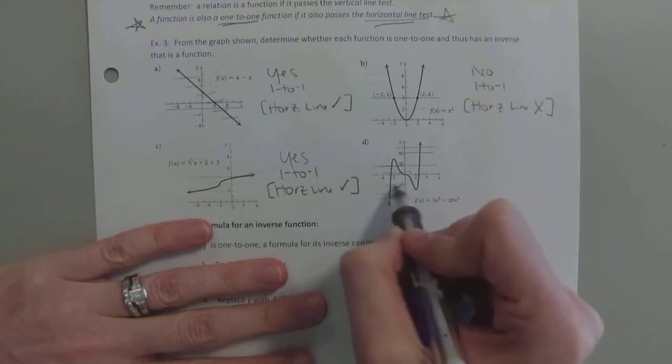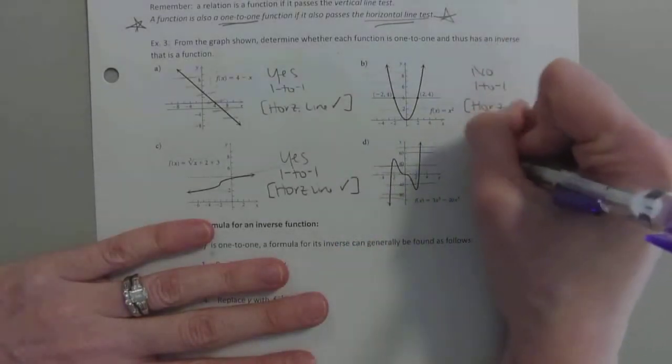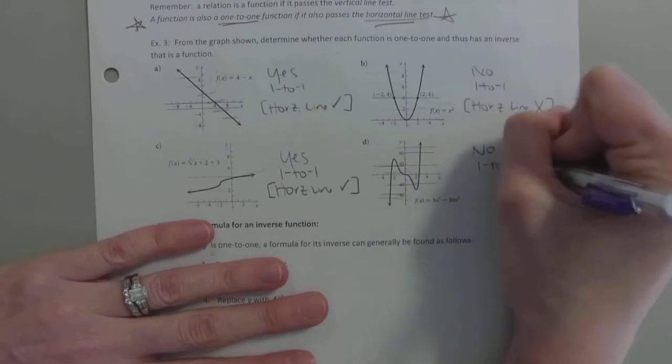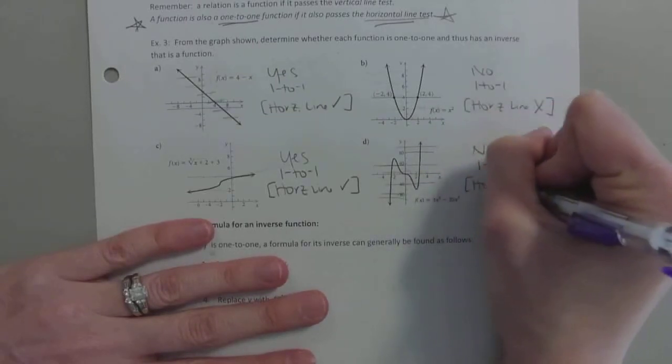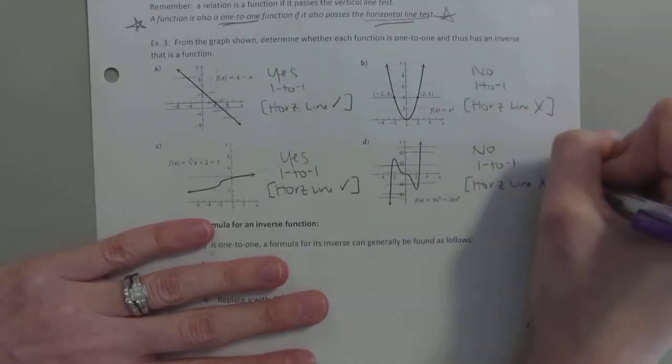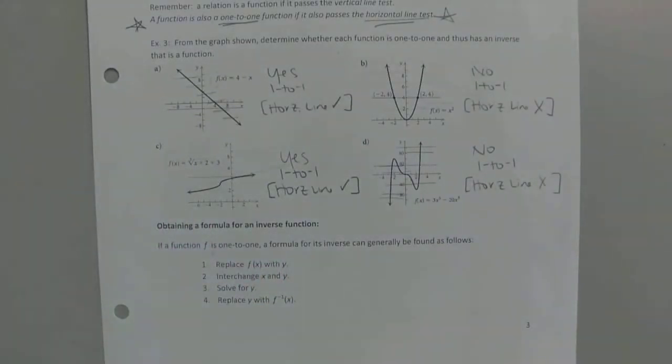No. Up here we passed that test, and down here we passed that test, but every horizontal line has to cross at most once, and here we cross once, here we cross once, here we cross 3 times. So no, it's not 1-to-1, because it does not pass the horizontal line test. Big ol' X.